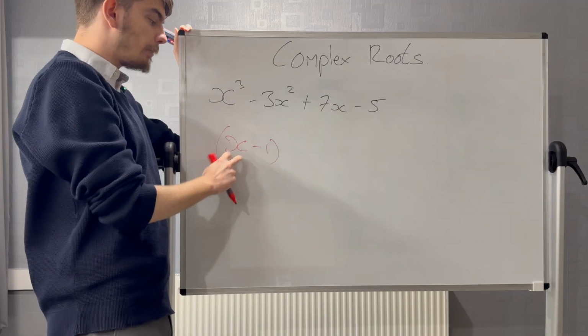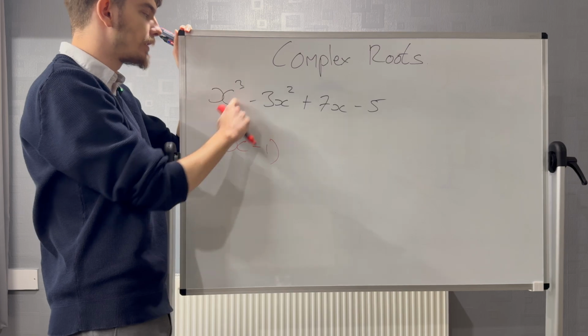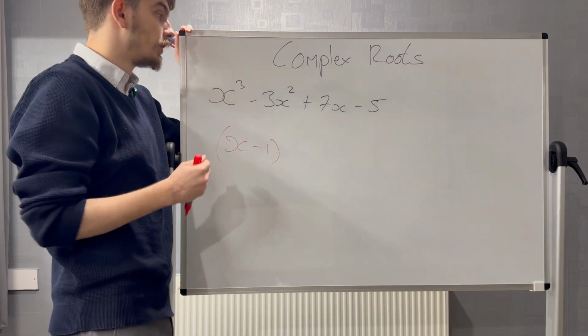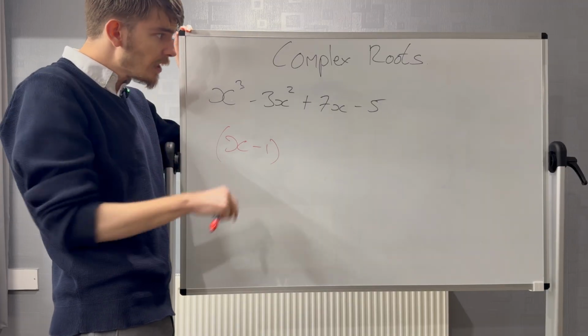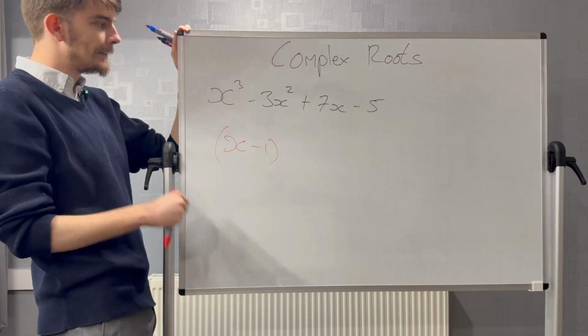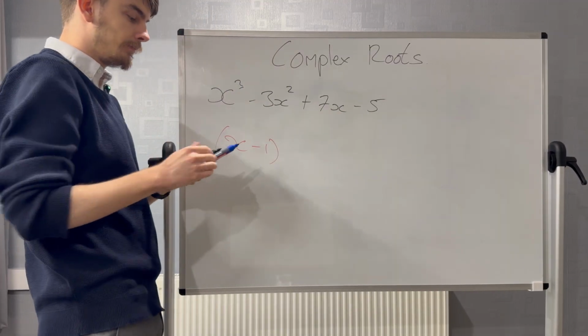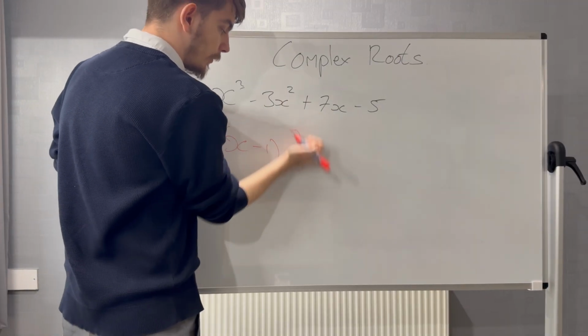I can always divide that by something that looks like this, and I will get a quadratic, because I'm essentially dividing my x cubed by my x, and then everything else will follow. So I'm going to leave this as a little exercise for you if you want to get some polynomial division practice in. If you want to divide this cubic by this value here, I'd suggest pausing, and I'll show you a better way to do that.